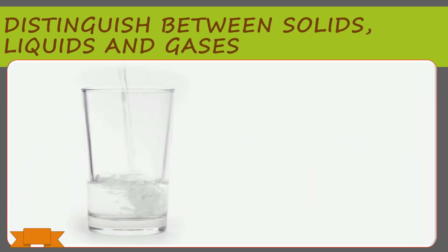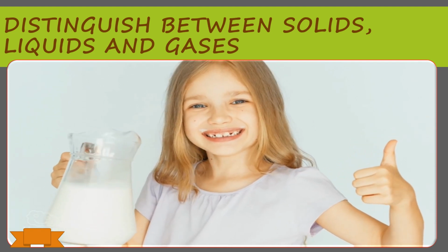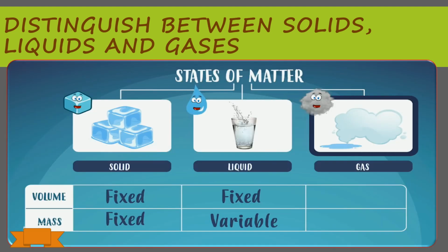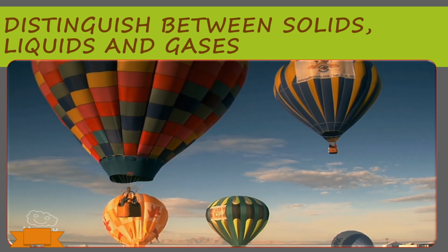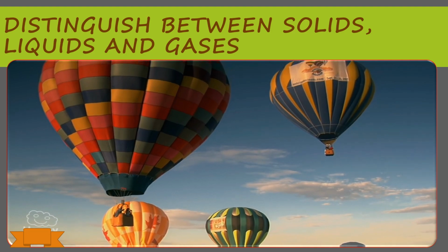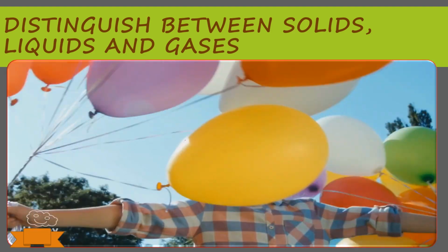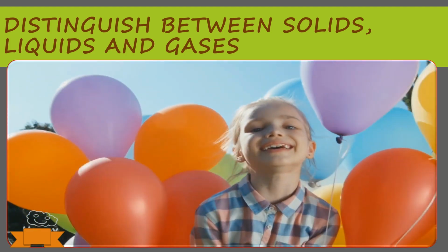Liquids take the container's shape, like this glass or a jug. Gas state is characterized by having variable volume and variable size. Gases also occupy the shape of the container they are kept in, and gases always occupy the full volume of the container.